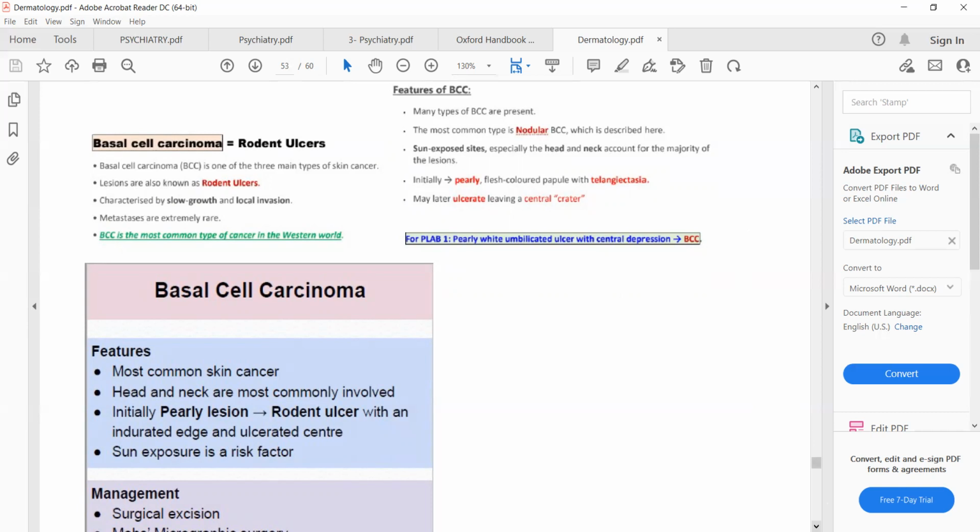Basal cell carcinoma and squamous cell carcinoma are both common there. Initially, there is a pearly lesion, and then a rodent ulcer forms with an indurated edge and ulcerated center.